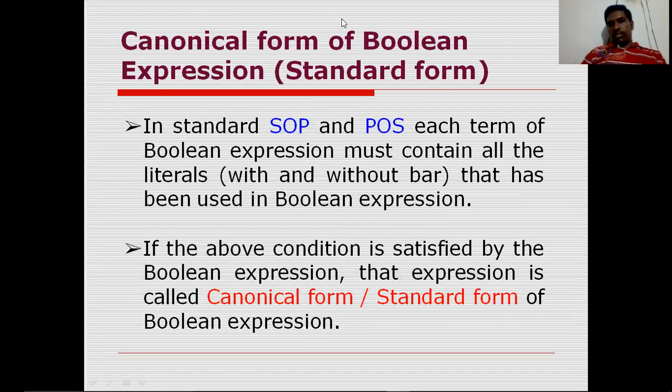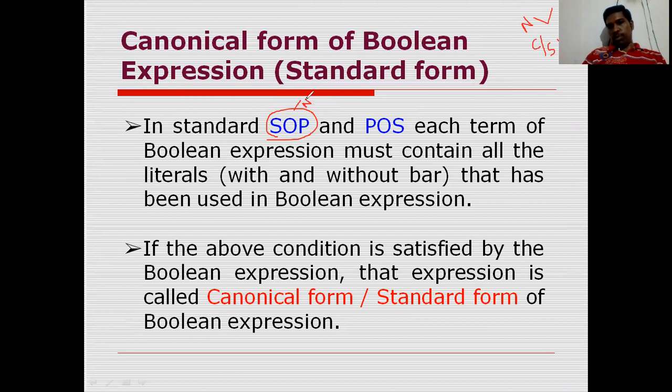Now, as we know, generally each and every Boolean expression, that means a normal SOP or POS, will exist in two different ways. One is a normal form and the second one is canonical form, or else we can call it a standard form. That means one SOP expression can exist in two different ways: normal SOP and canonical SOP.